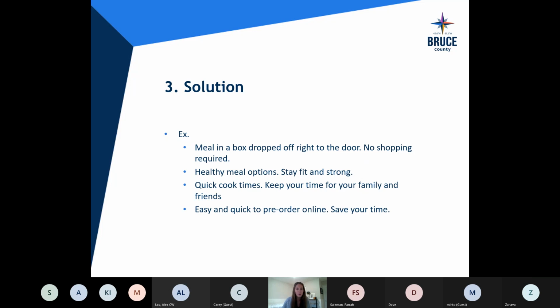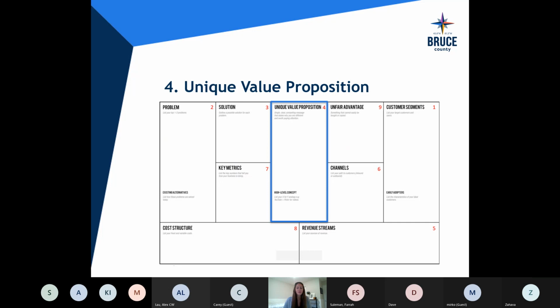There you go, we've got healthy meal options with quick cook times, so they keep that time with their family and friends. And it's easy and quick to pre-order online. Once again, you're saving time. So all in all, I've identified many of those problems, but the main one being that they don't want to spend the time cooking or shopping.